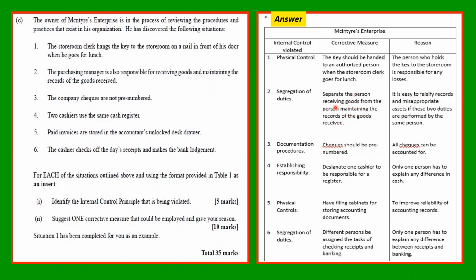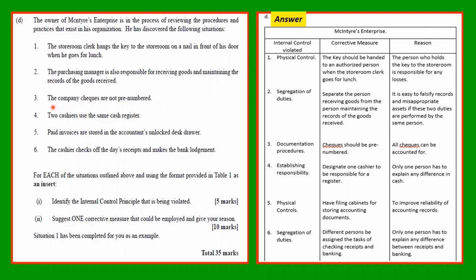Okay, you must separate the recording from the custody of the asset, right? The reason is it is easy to falsify records and misappropriate assets if these two duties are performed by the same person.